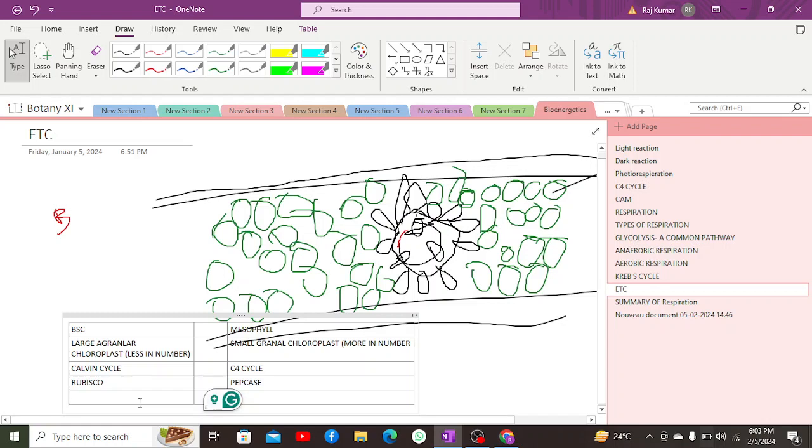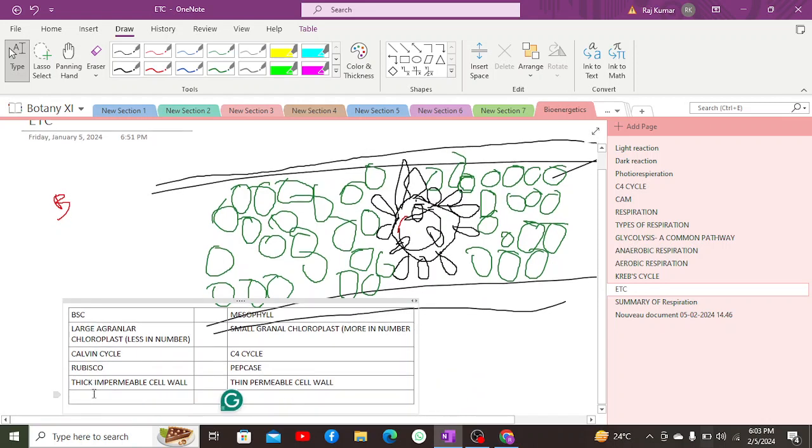And the bundle sheath cells have a thick impermeable cell wall so that no gases can permeate. And mesophyll cells have a thin permeable cell wall, right?